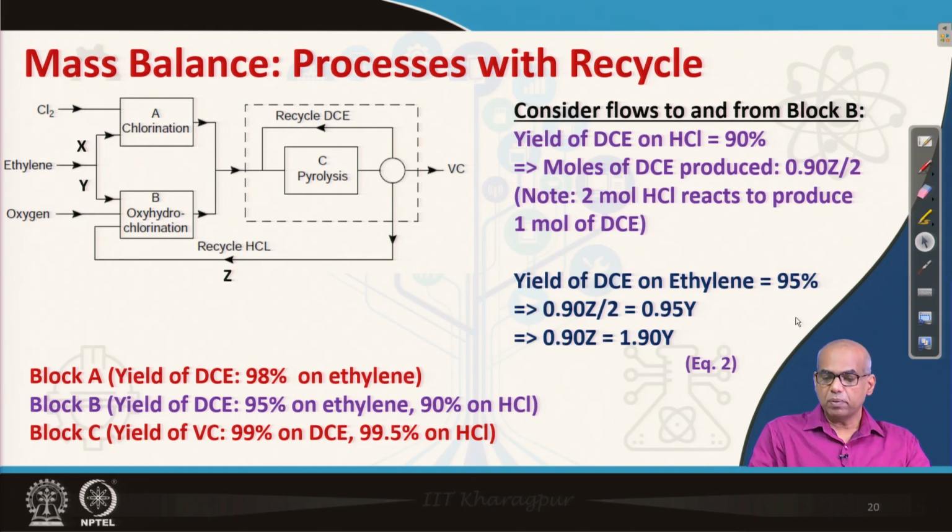Again, yield of dichloroethane on ethylene is 95% in block B. So, that gives me 0.95 Y moles of dichloroethane in block B. So, 0.90 Z by 2 must be equal to 0.95 Y. So, this gives me another equation, which I call equation 2.